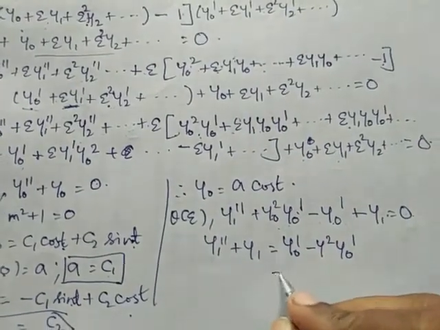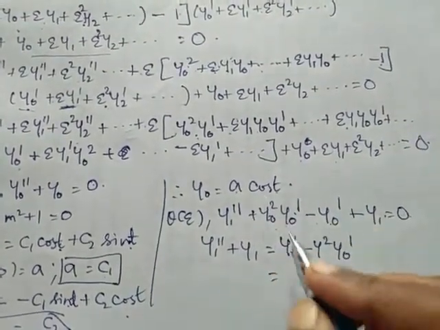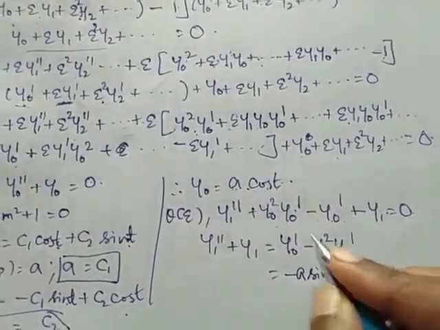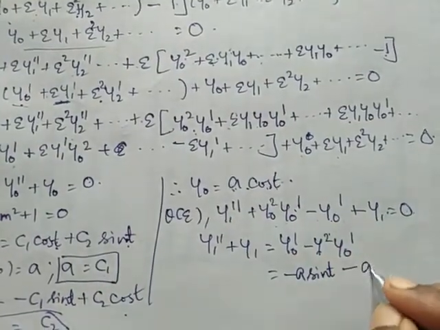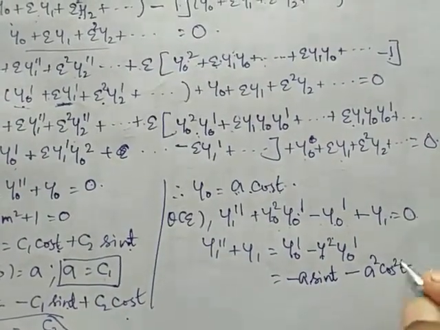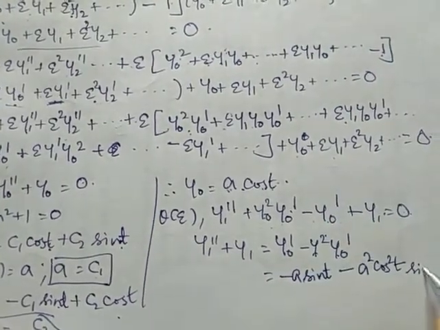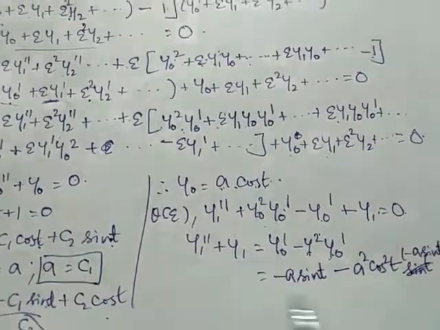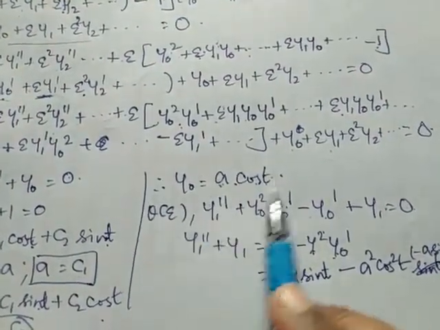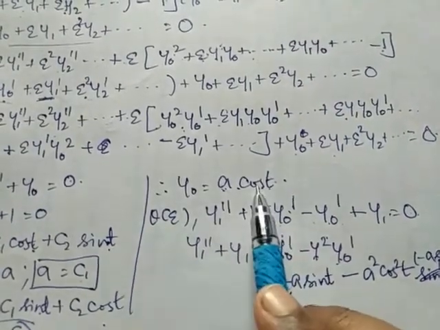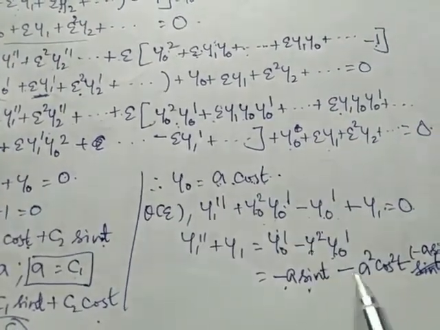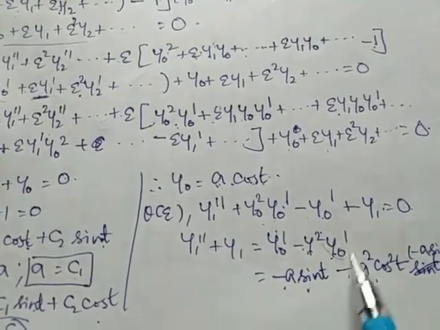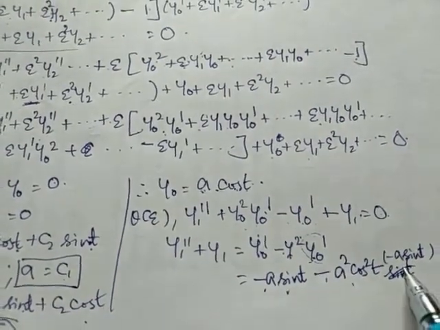So what is y naught? A cos t. Differentiation of this is minus a sin t. Minus y square is a square cos square t. y naught dash is minus a sin t. y naught dash is the differentiation of y naught; a is constant, differentiation of cos t is minus sin t. Y square means a square cos square t. Again, differentiation of y naught dash is minus a sin t.